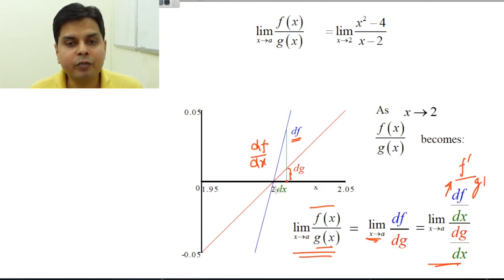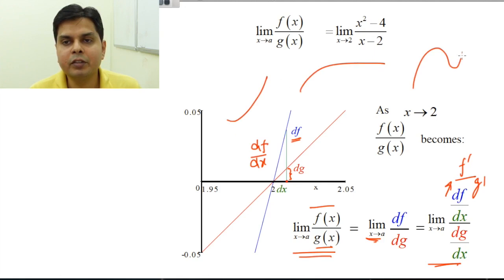I can find it using the tangent line approximation, because for any curve like this or this or this, if I have to find the value at a point and I go very close to this cross point, the curve will appear to me as a straight line.